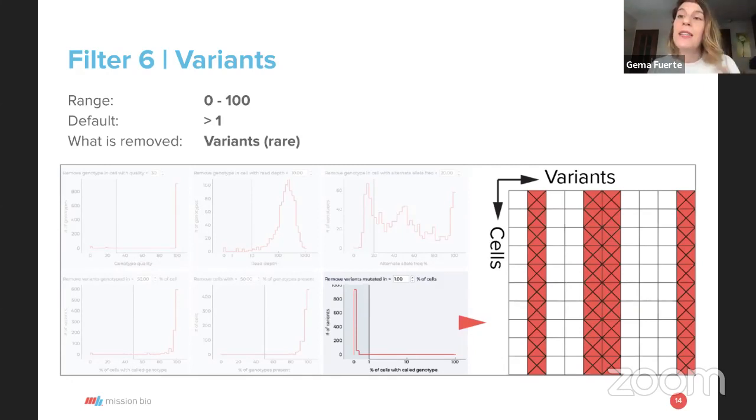If you do that, I recommend you contact support, because we have tips and tricks to get rid of these potential false positives of GATK. One of them is generating a bed file or a whitelist, which is a very simple text file where you list the regions that you are interested in, and then you get rid of the rest.